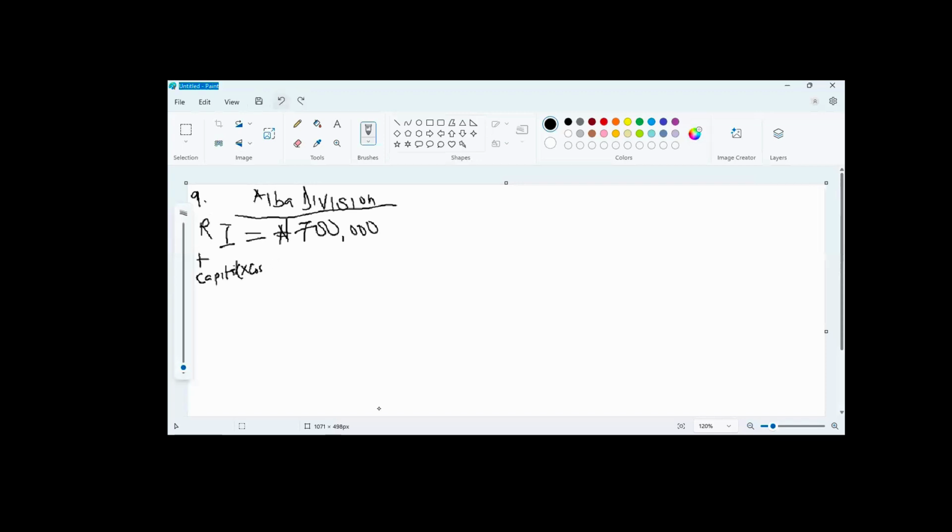What is the capital employed for Alba? 4 million. Multiplied by the cost of capital for Alba, 12%. That gives 480,000. Add back.